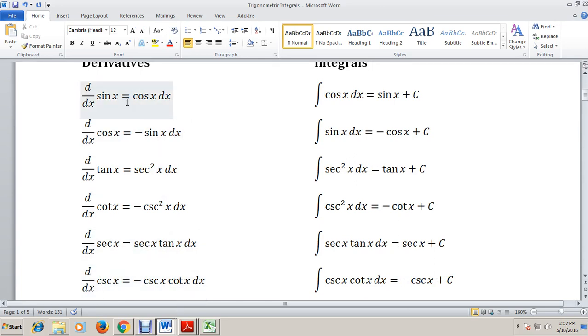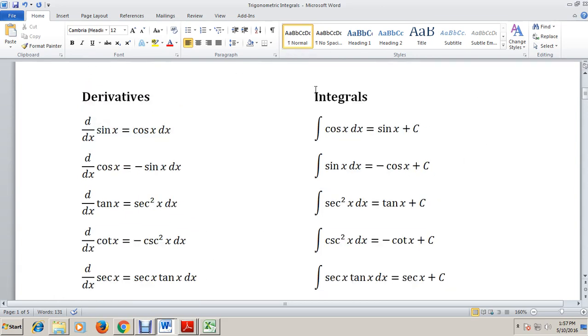The corresponding results would be: derivative of sine is cosine x dx, derivative of cosine is negative sine x dx, derivative of tangent x is secant square x dx, derivative of cotangent is negative cosecant square x dx, derivative of secant x is secant x tangent x dx, and finally derivative of cosecant x equal to negative cosecant x cotangent x dx.